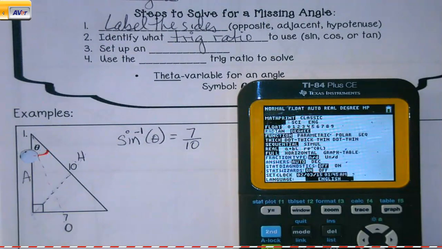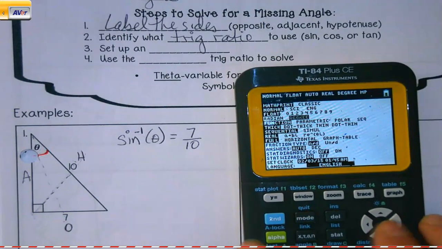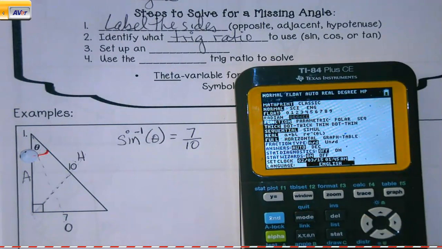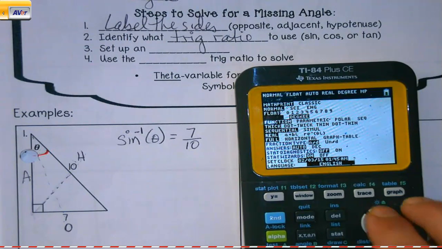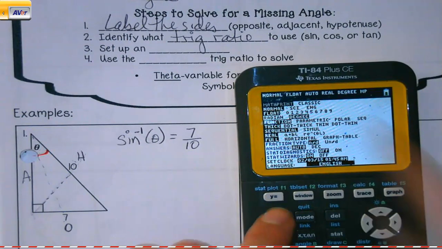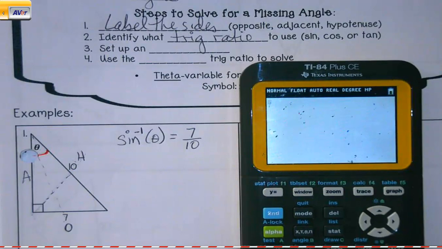We're going to hit mode up here at the top, and we're going to make sure that we are in degree before we get going. Some of those seniors can pull some pranks. You don't want to be playing that game. So we're in degree. What's that? To degree. Yep. Oh, see, sometimes they mess with this stuff. We got to make sure.